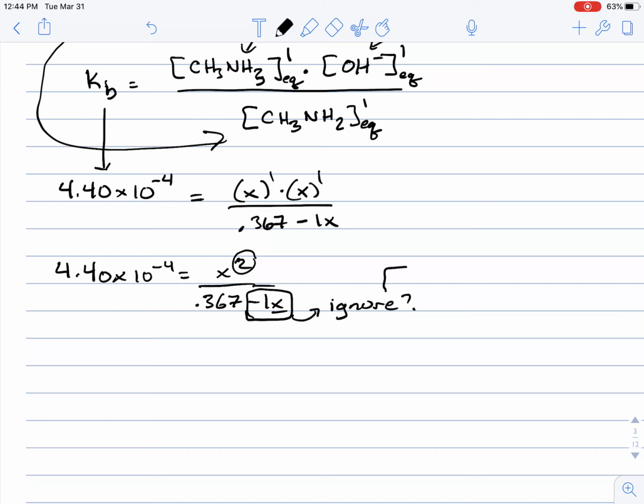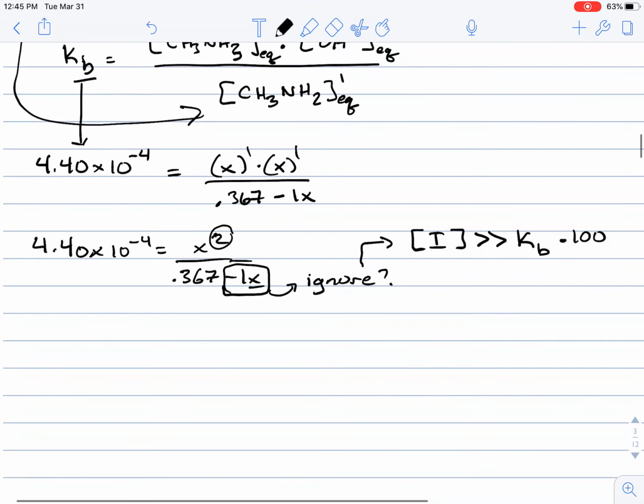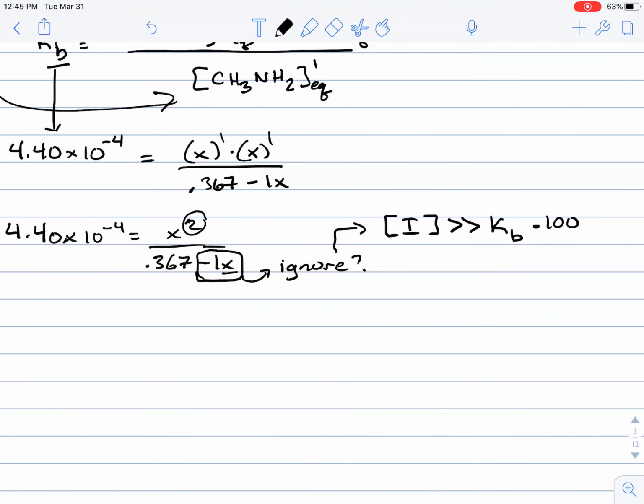And to answer this question, we're going to see if the statement is true or false. So the initial concentration should be far, far greater than the value for the equilibrium constant. In this case, since this is a base, we're going to go ahead and put in Kb times 100. You really want to make sure that the difference in magnitude is at least 2 and above.